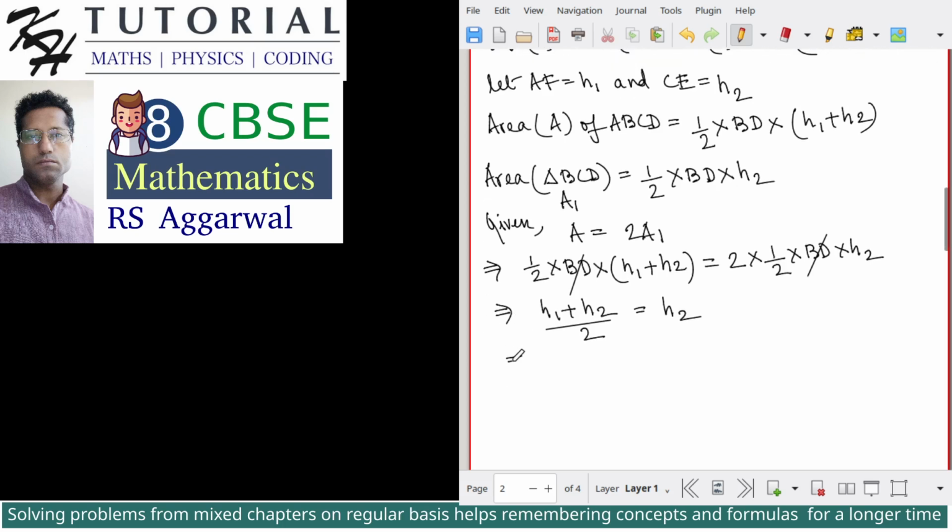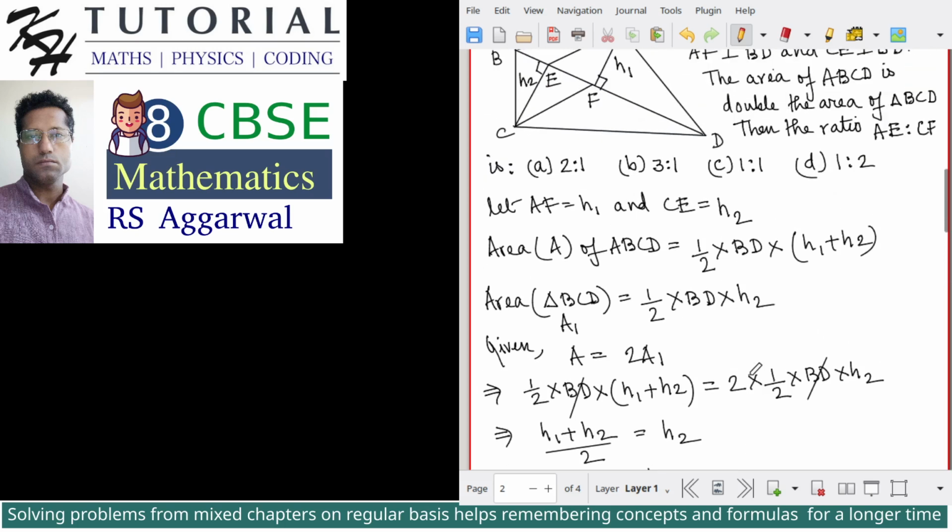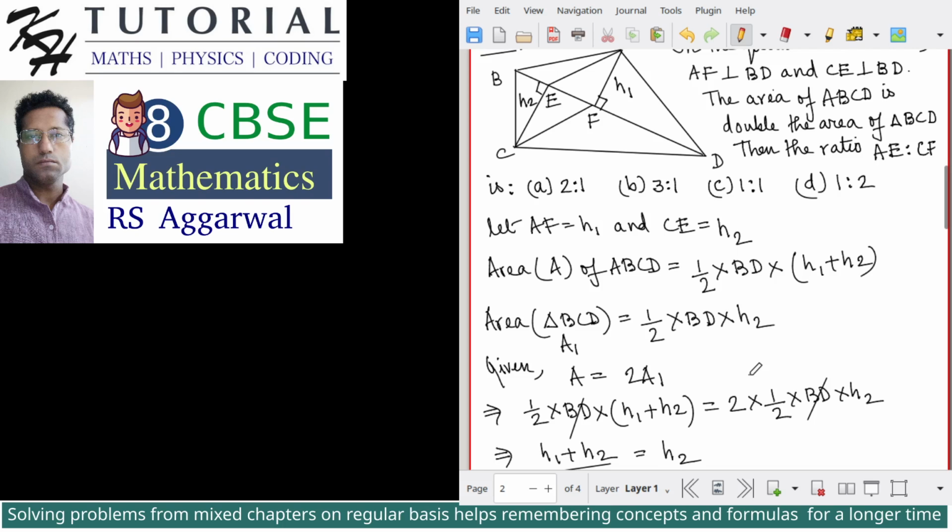Now doing cross multiplication, we have H1 plus H2 is equal to twice H2. This implies, bringing H2 to the right hand side, H1 is equal to twice H2 minus H2, which is H2. So we found that H1 is equal to H2.